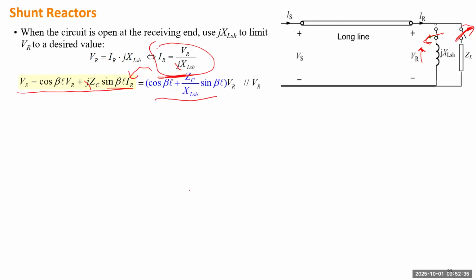So finally, the source voltage will be equal to everything in such parentheses as a factor multiplying the load voltage. Because the J has been canceled, this factor is completely real. It's a real number. If it's a real number, it doesn't change the angle. Which means the source voltage and the load voltage are completely in phase, parallel.